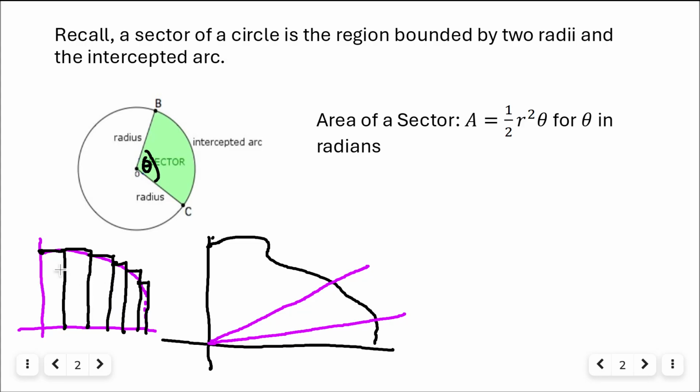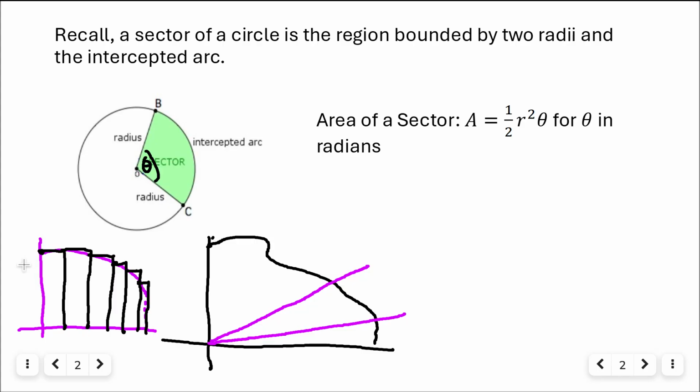Now again, the area of these rectangles is certainly not the same as the area underneath the curve that's in purple here. But how did we go about finding that area then? If you remember, to get a better approximation, you made the rectangles smaller.